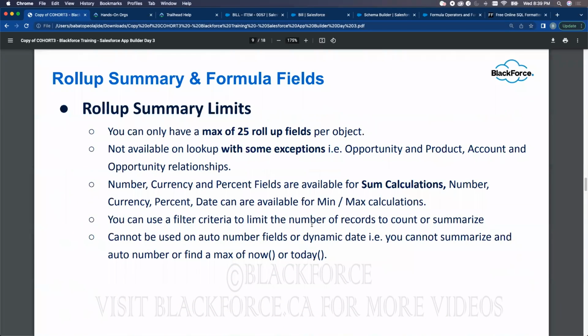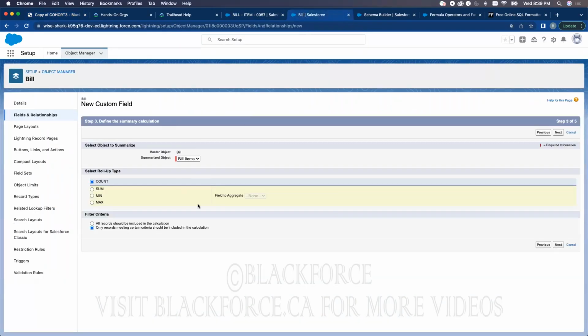So what are the things you need to know regarding roll-up summary limits? One thing you need to know is that you can max up to 25 roll-up fields per object. Okay, so what does that mean? It means that I can create as many roll-up fields to a max of 25 fields. So when you're designing a solution and you realize that you're going to be having a lot of roll-up summary fields, think critically before you start, because once you have 25, you cannot go further.